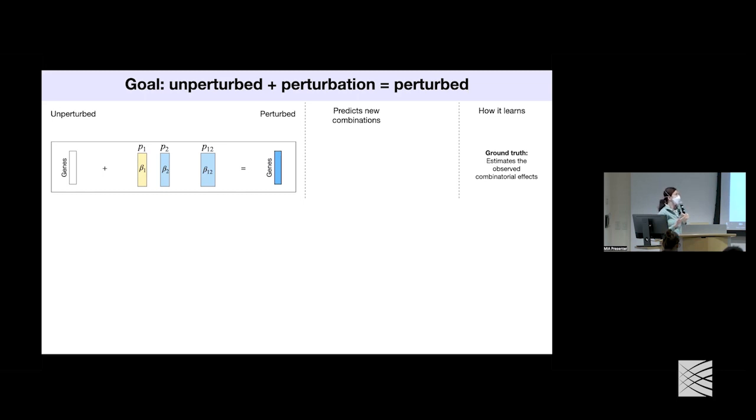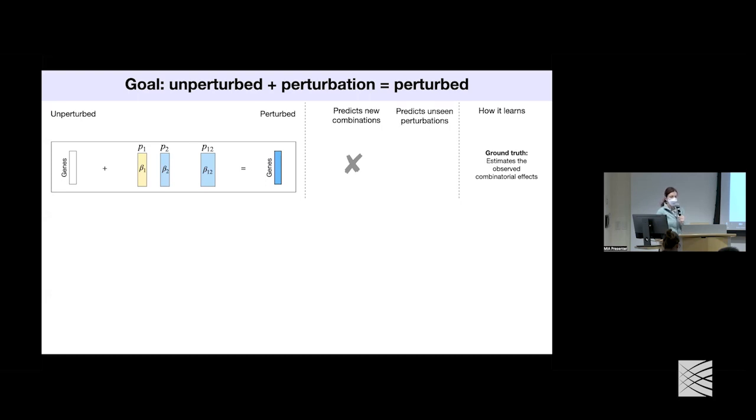This is great for descriptive studies of what we've already measured. But what we really want to do is learn fundamental principles for how cells work and make predictions about which new combinations would give us a cell state that we would like. So this is not able to do that.